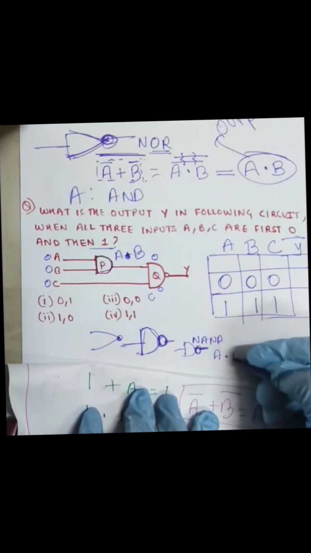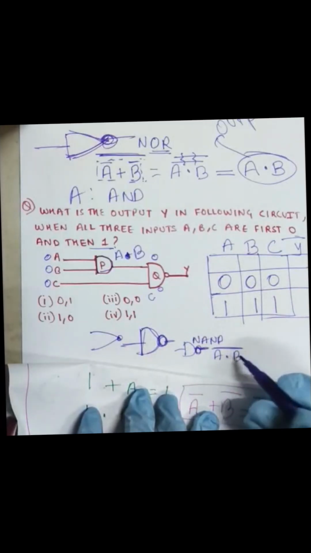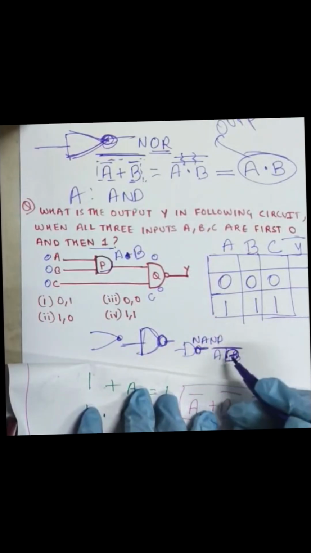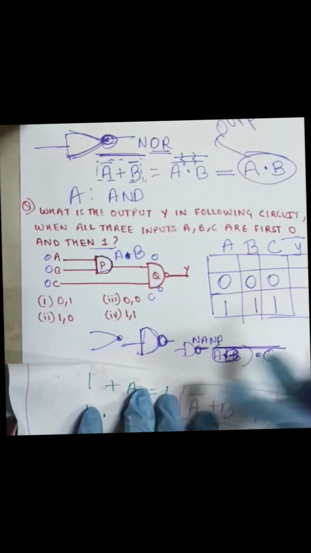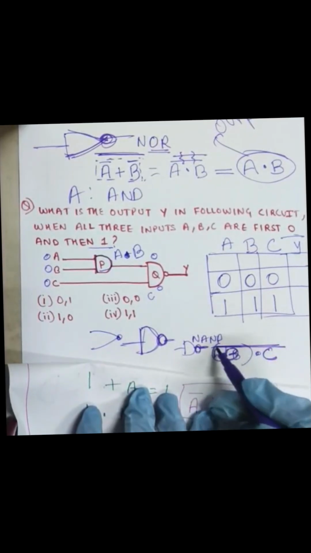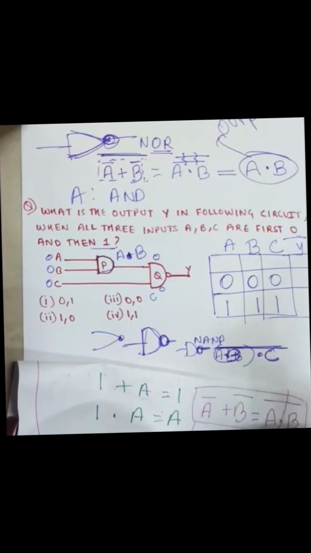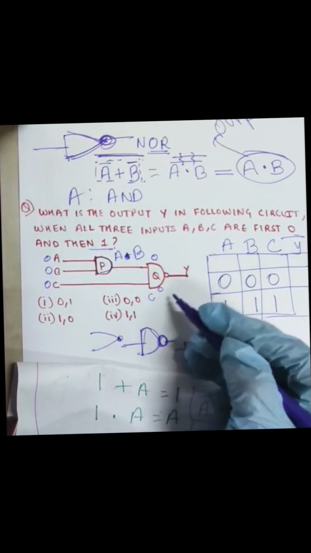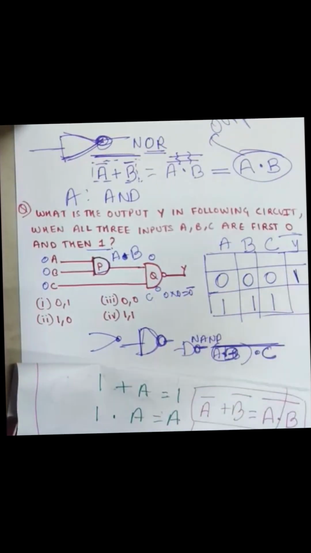So A dot B, and AB's output is dotted with C. So it will be A dot B dot C. Whatever output I'm getting, it should be opposite because it's a NOT gate. So 0 into 0 into 0 is 0, 0 dash is 1. So the output will be 1.